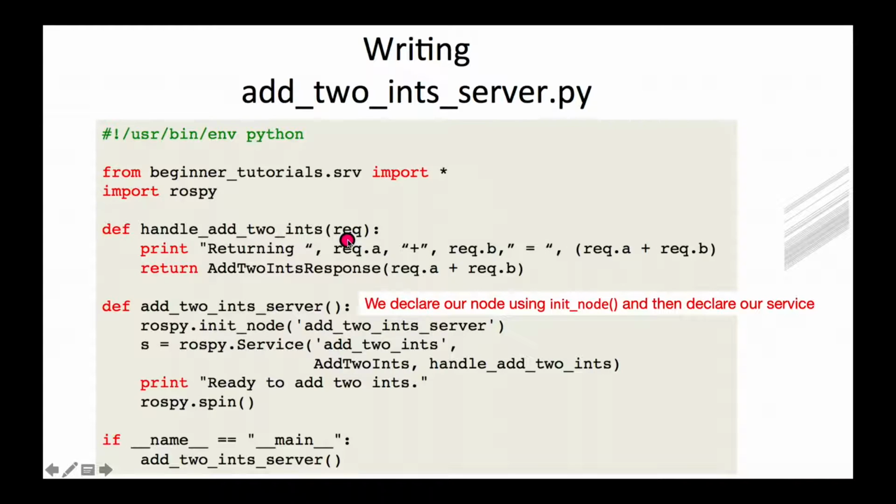As you can tell in this callback function, we are reading out the .a and .b fields of the request message. How do we know that the names of the fields are .a and .b? Because we know the definition of the class. And so we can simply read our request packet, the client request. We add them together, and we are returning the sum of these two fields.